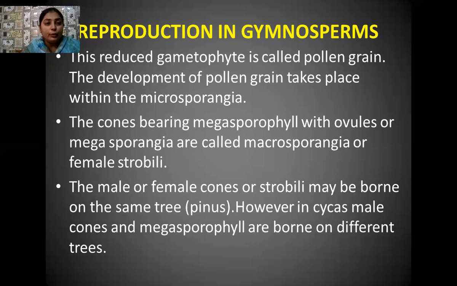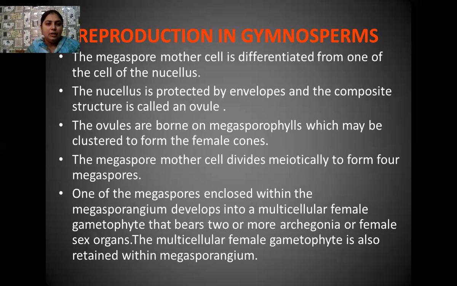So inside the ovule, you have learned in angiosperms what is present: nucellus tissue is present. Not all the cells of this nucellus tissue undergo cell division. Only some cluster of cells of this nucellus tissue behave as megaspore mother cells.